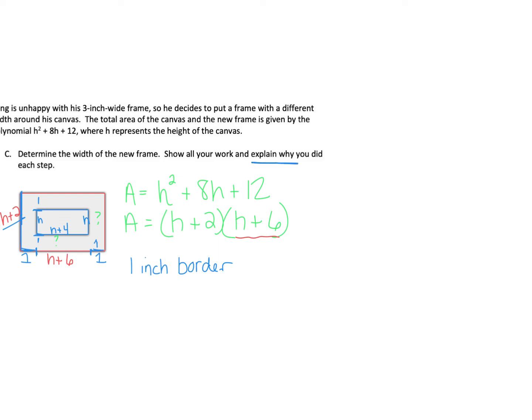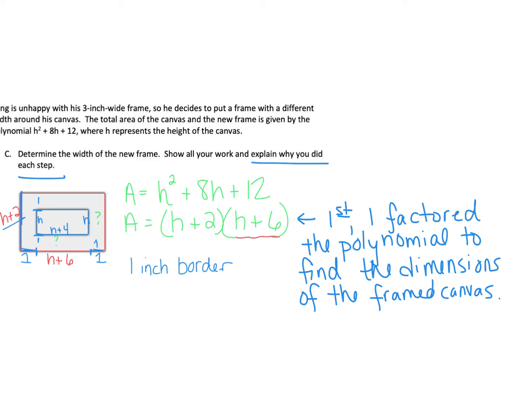Lastly, it says, and explain why you did each step. So I'm just going to write and kind of explain what I did. So first, I factored the polynomial to find the dimensions of the frame and canvas.